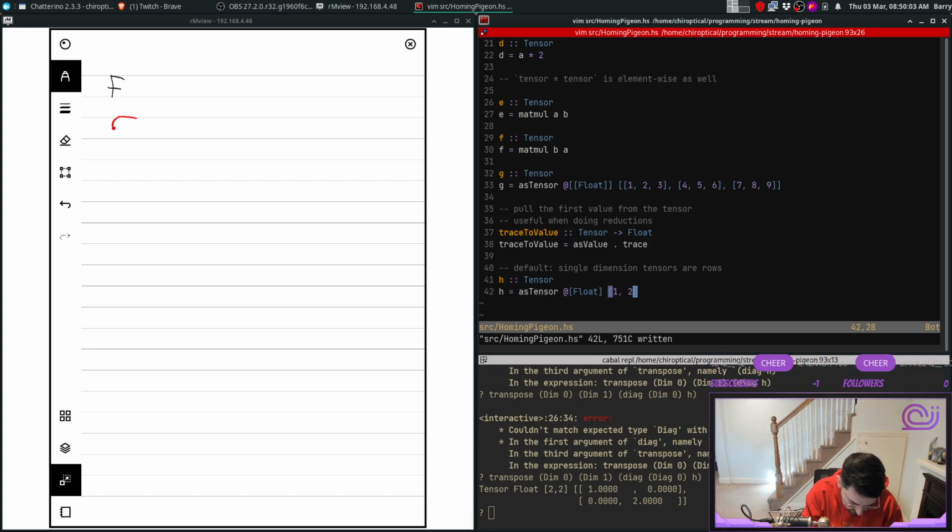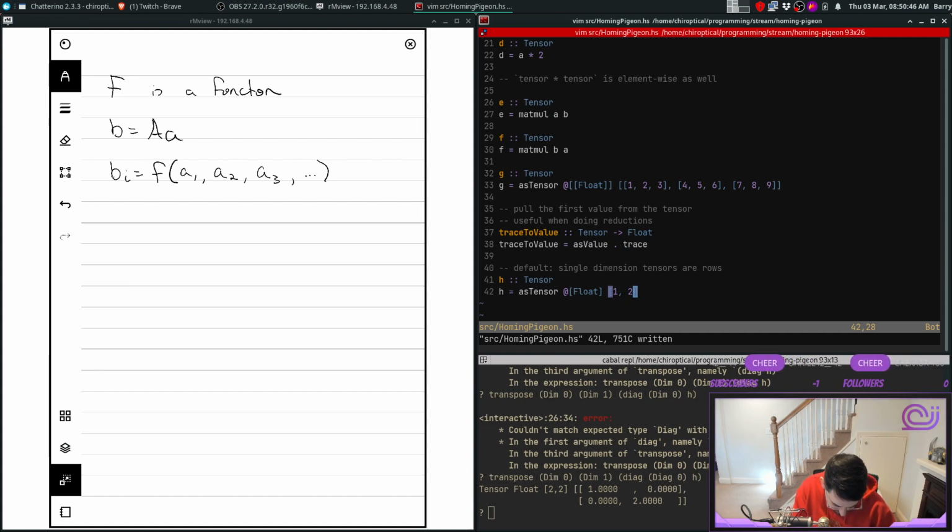Matrix multiplication function. B sub i is equal to f of A1, A2, and this is equal to this.